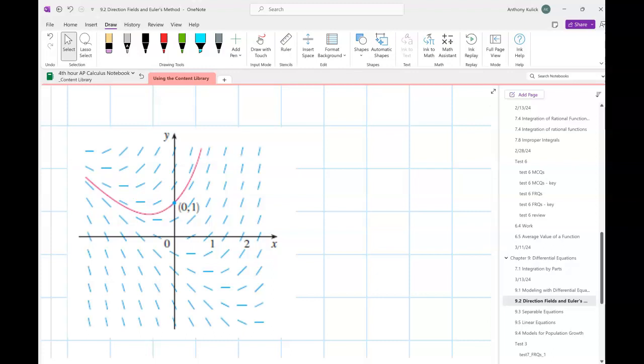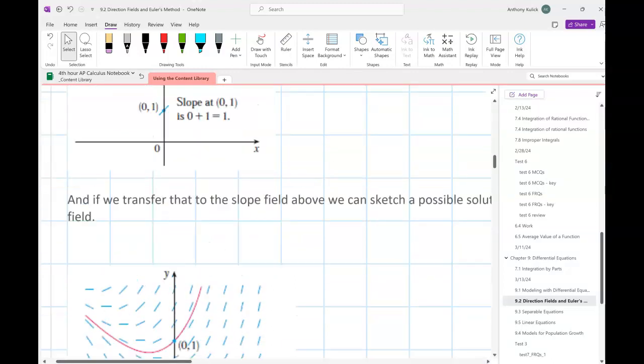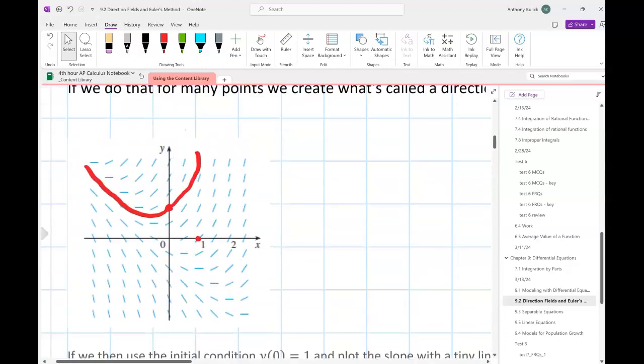Is that a big deal? I'm just following the slope field to tell me how steep my line should be. It says the initial condition 0, 1, so I'm starting at 0, 1. The slope there should be 1. When I get to here, the slope is flattening out, and then it's becoming negative.